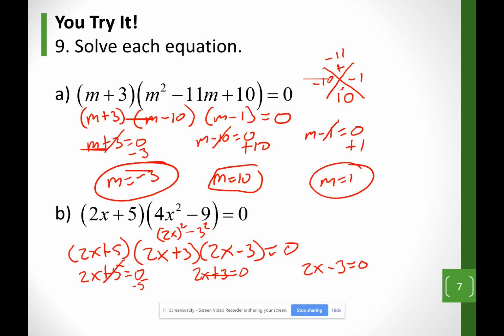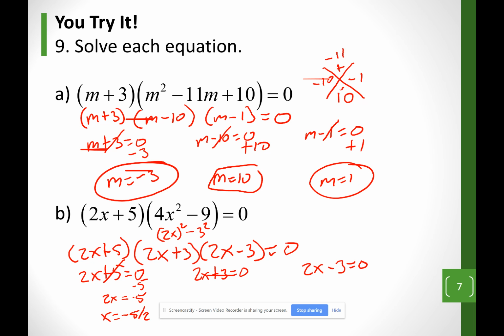Subtract 5. 2x is equal to negative 5. So x must be equal to negative 5 over 2. Let me subtract 3.